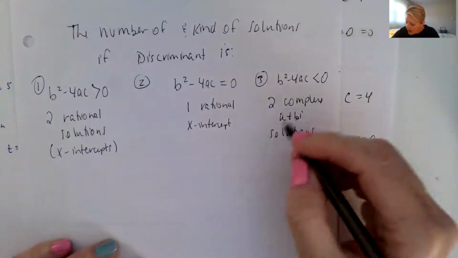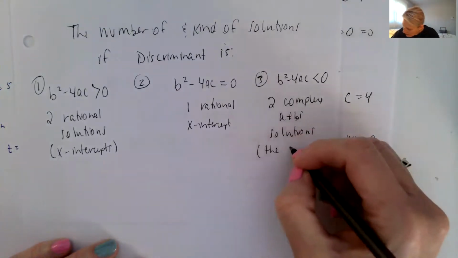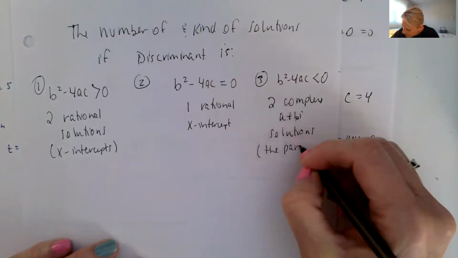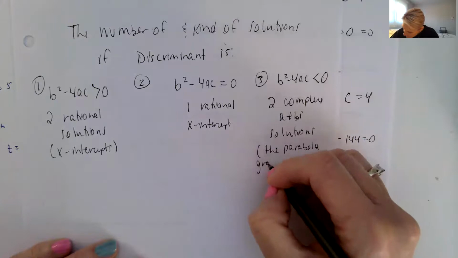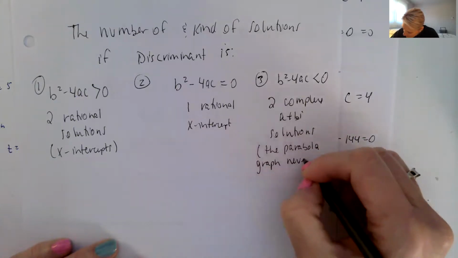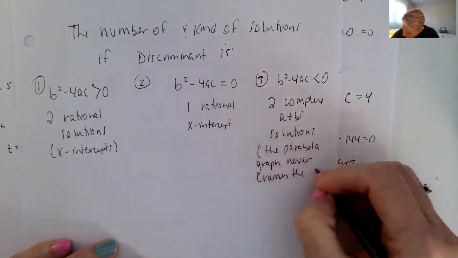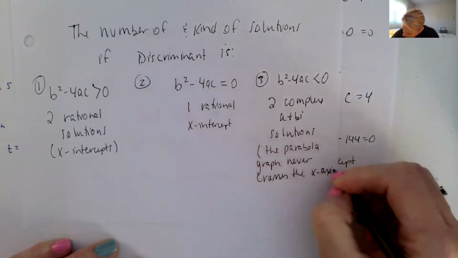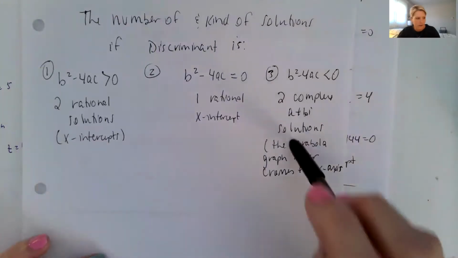And let's remind ourselves that means the parabola graph never crosses the x-axis. Okay, so that's what this is telling us is going to happen.